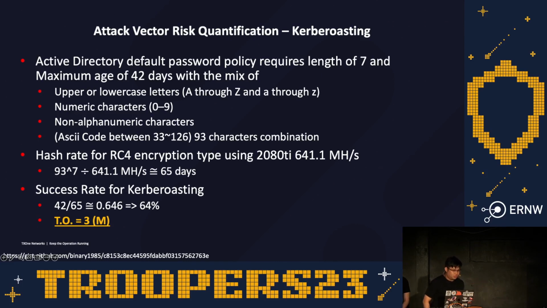We also choose the hash rate for RC4 encryption by the default settings. For cracking the password hash, we need 65 days, and the success rate will be 64% based on changing every 42 days. So we get a threat occurrence of 3, which is moderate.